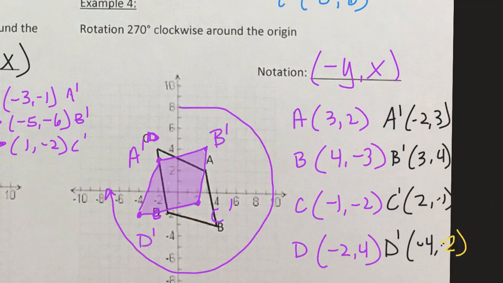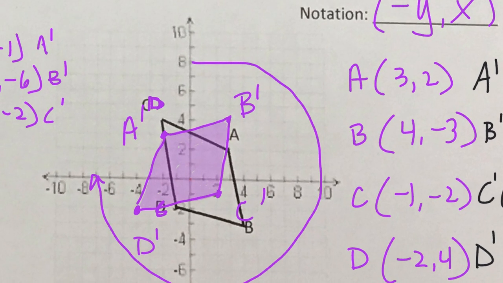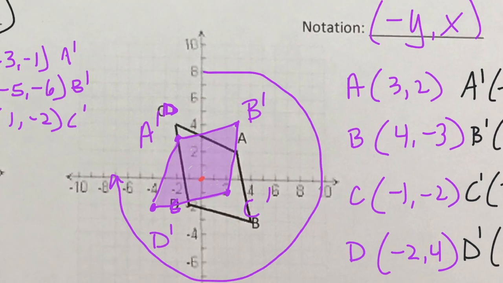Okay, so there's our rotations around the origin. We have rotations around the origin, which have these special rules to them that we can apply to change our points and move them around as we do our rotations.